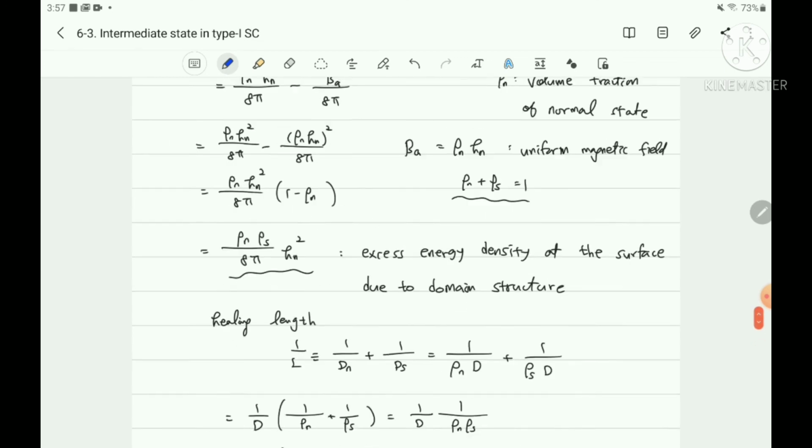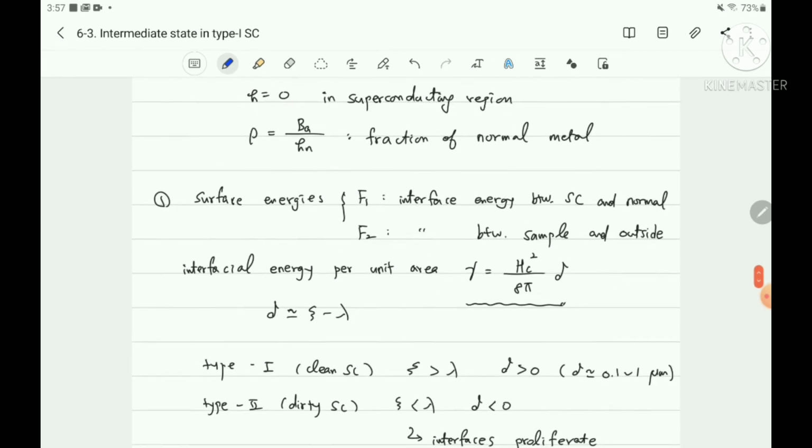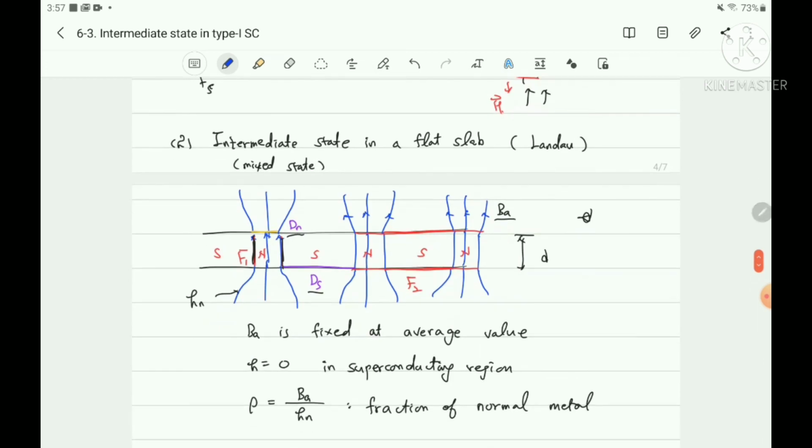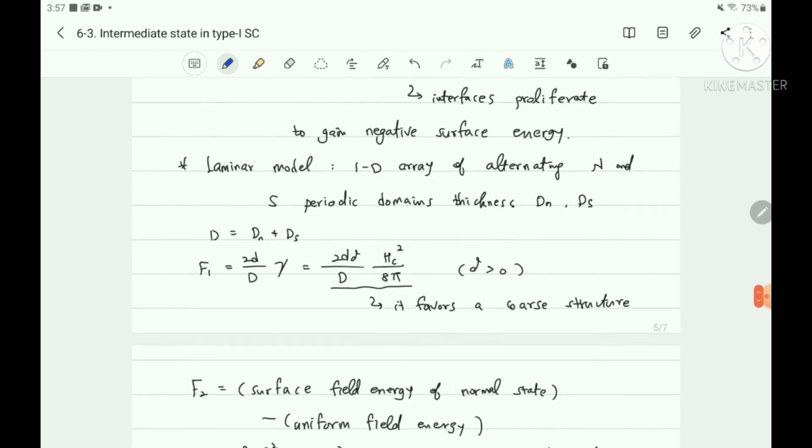From the above, for this one-dimensional laminar structure, the normal state free energy is the superconducting state free energy plus the field energy.